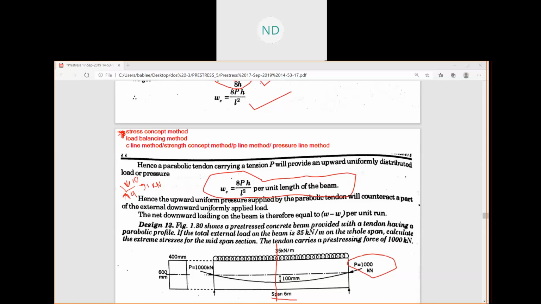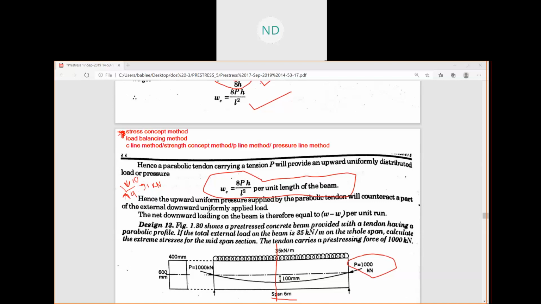So those were the stress concept method. Now there are tendons like bend tendons which give an upward thrust to the downward loads just to counterbalance. So these are known as the load balancing method, the second method.